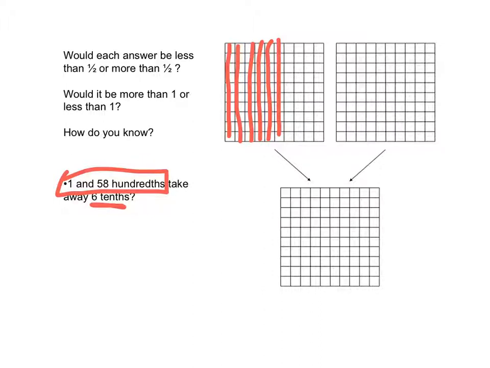So instead of using my typical colors so that I can count, I'm going to use different colors. First I'm going to get to 1 whole, and I'm just going to use black to show that. So here I have 1/10, 2, 3, 4. And now I need to get to 58 hundredths, so I'm going to add in 5 more.